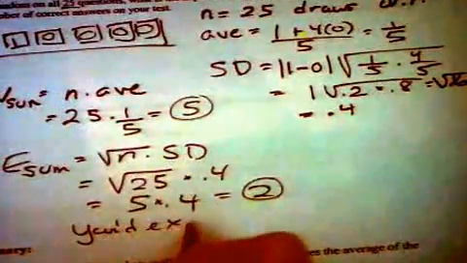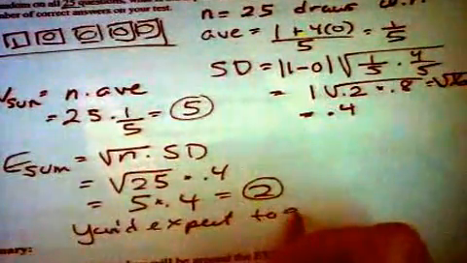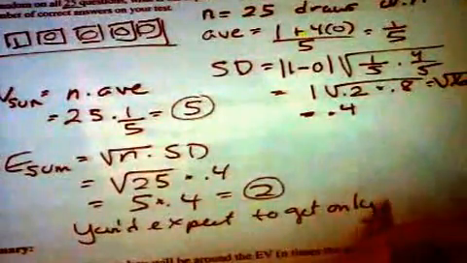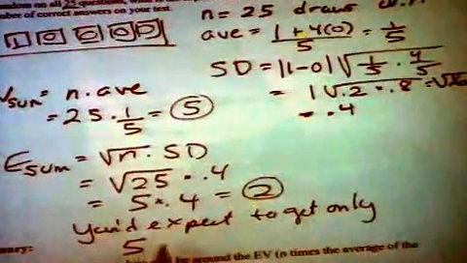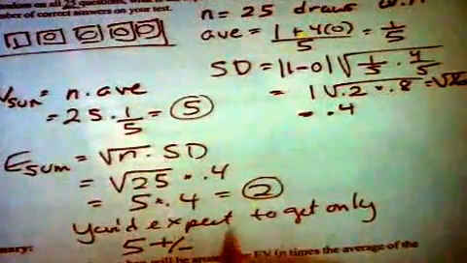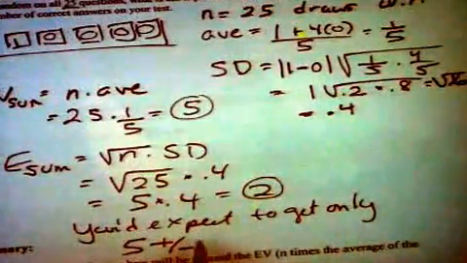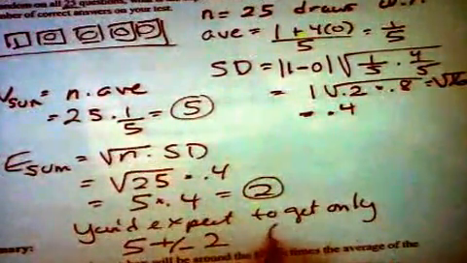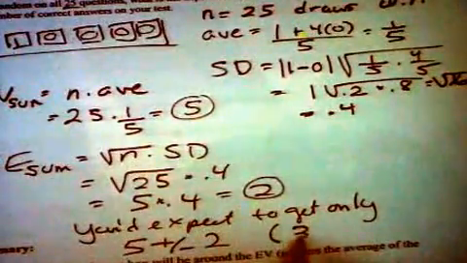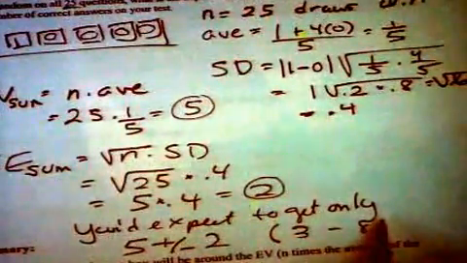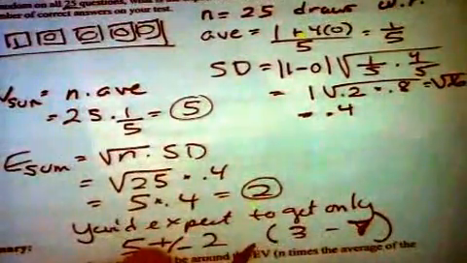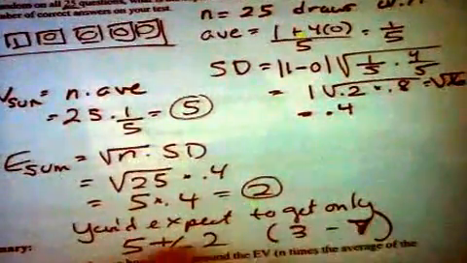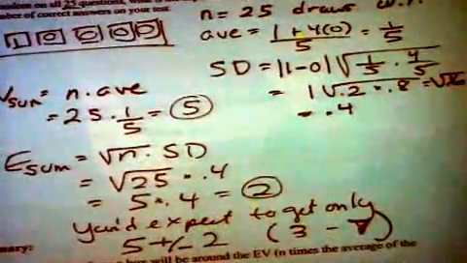You'd expect to get only 5 correct. But it's a guessing game, so it's give or take what? 2. In other words, between 5 minus 2 and 5 plus 2, between 3 and 7.